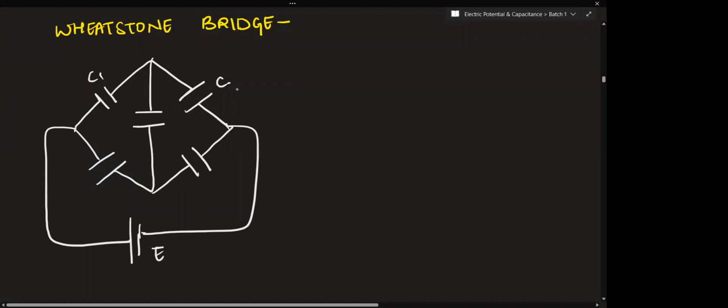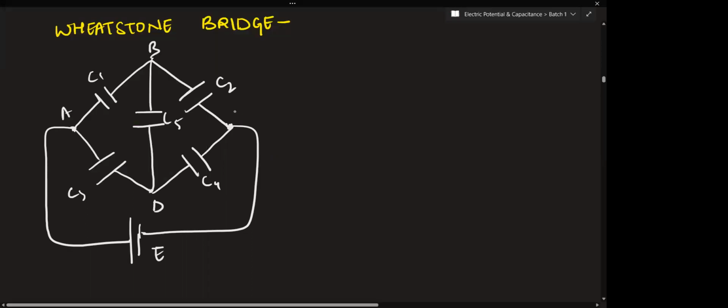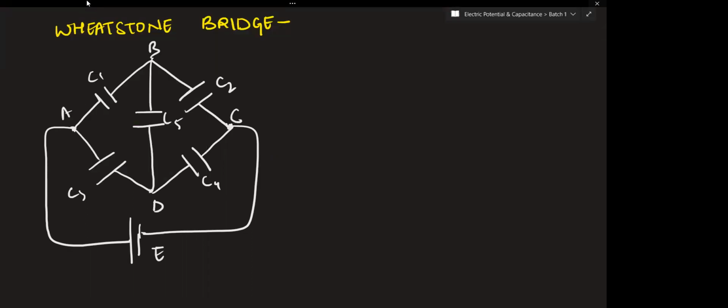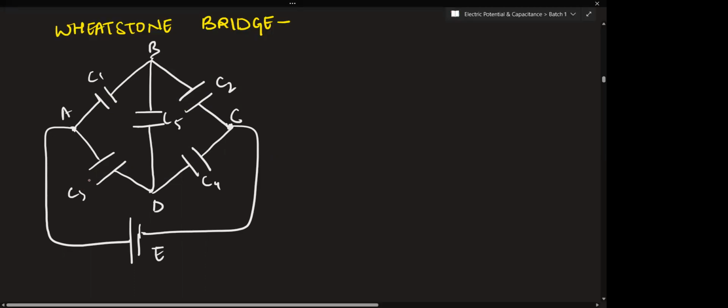This is the EMF of it. So EMF, electromotive force, we'll be studying. Let's say this is C1, this is C2, this is C3, this is C4, this is C5. This is your point A, this is your point, let's say C, this is your point B, this is your point D. In this manner, if you are given, if in any case C1 by C2 ratio is equal to this, then you say it's a balancing condition.